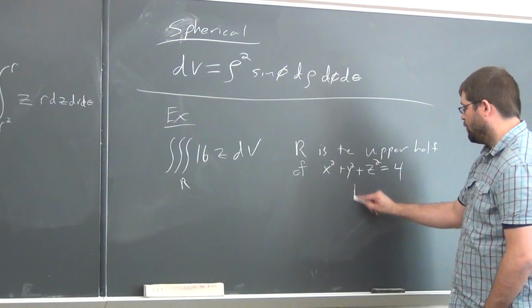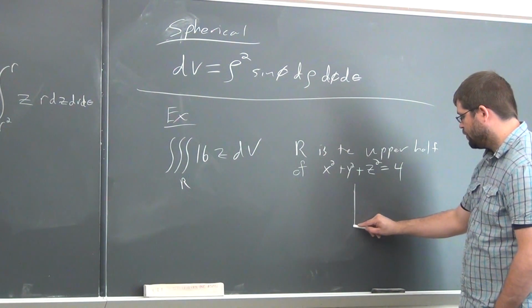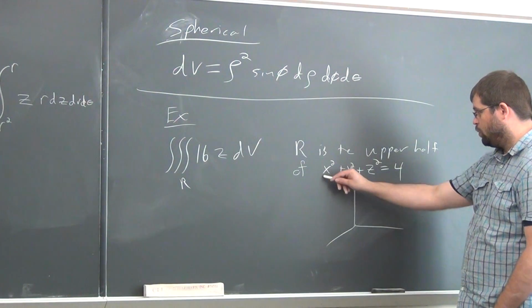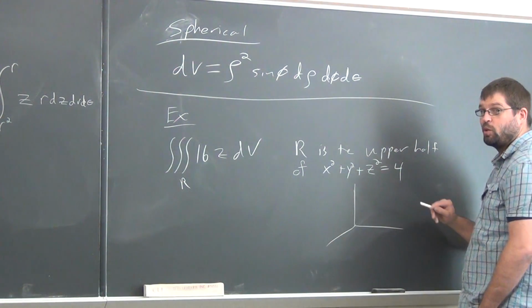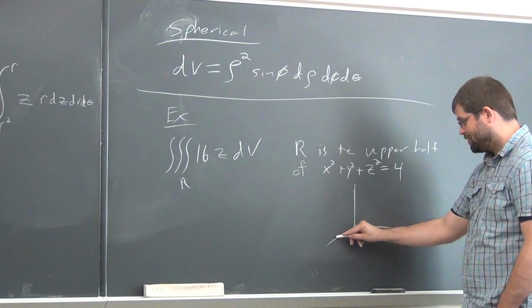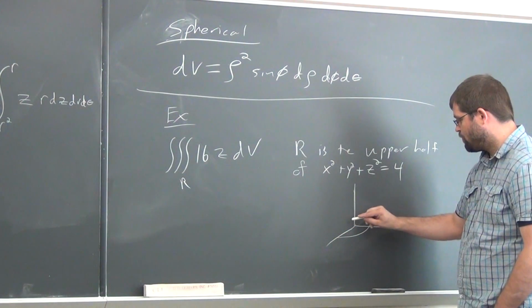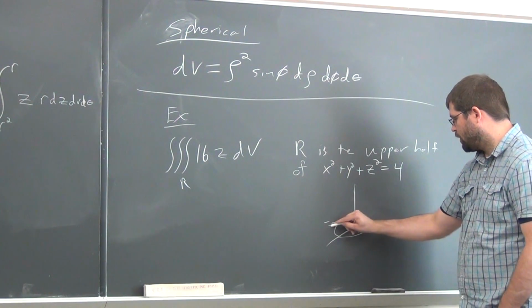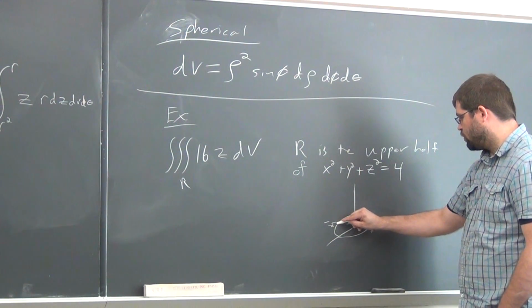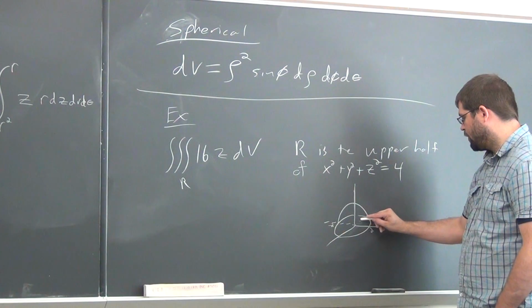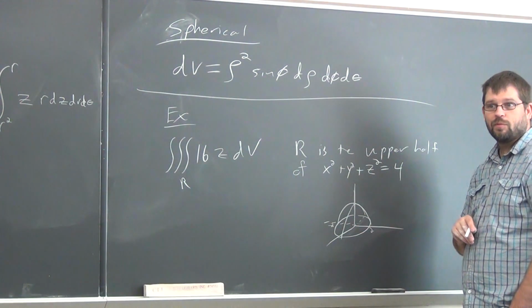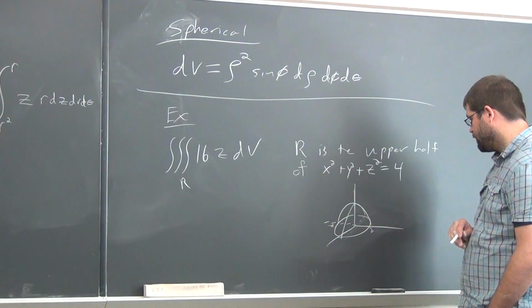So this time you probably don't even need the graph, but let's do this. What is x squared plus y squared plus z squared equals 4? It's a sphere of radius 2. Again, I'm not worried about my drawing here. And we just want the upper half, right? So we're just talking about that piece there. You got that top half of the sphere.